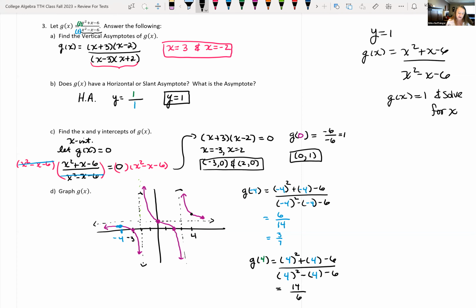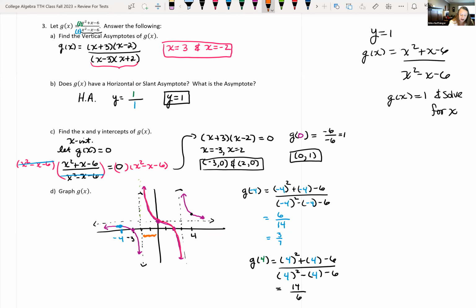The other thing I wanted to state is, there was a question when the video was paused: how do I know that it's this shape in between these two vertical asymptotes? Sometimes what's in between those two vertical asymptotes could look like a parabola shape. It could have turned back around. The thing is, I knew where my x-intercepts were, and I knew that I did not have an x-intercept between x equals -2 and 0.